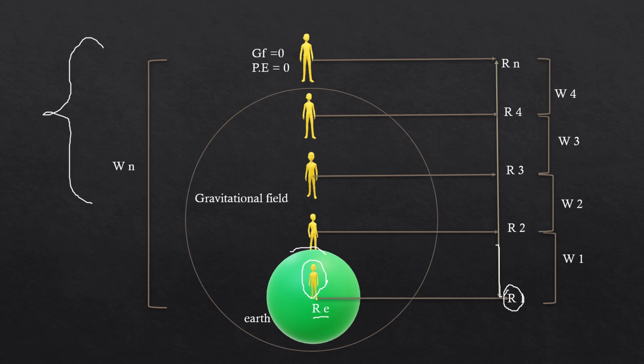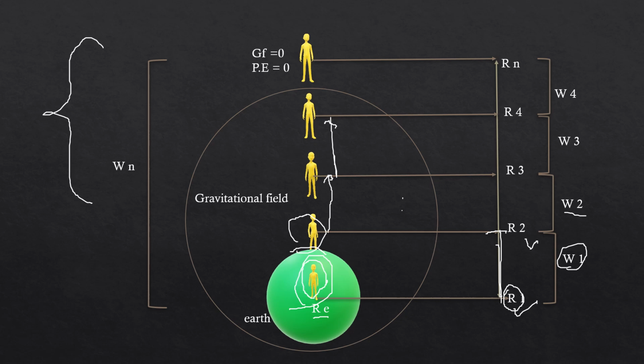Now the work from R1 to R2 is W1. Just suppose this is dr1. The body goes here, R2. Now from R2 to R3, the work done is W2. From this to this is W3.